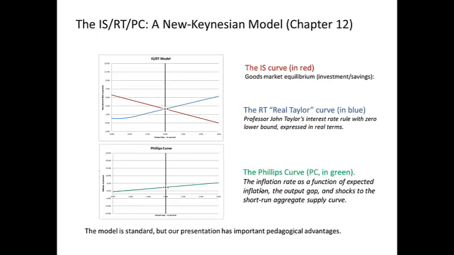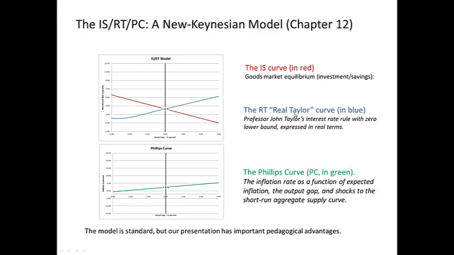Now the model is pretty standard, but our presentation, we feel, has important pedagogical advantages. Now there are three equations to the model. The first equation is the familiar IS curve that tells us about goods market equilibrium, and that's this red line here that's downward sloping in output gap and real interest rate space.